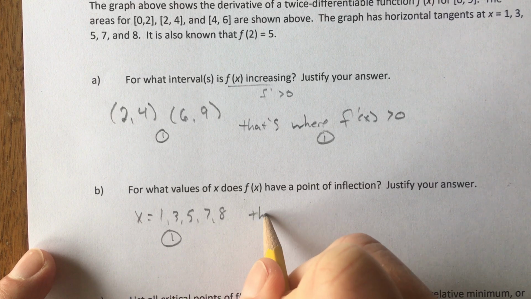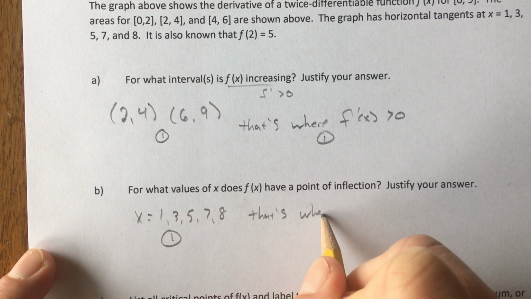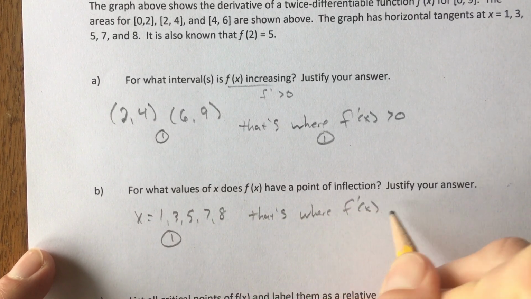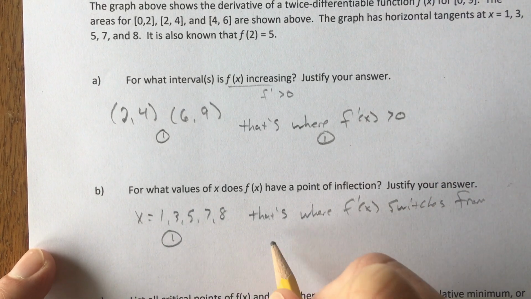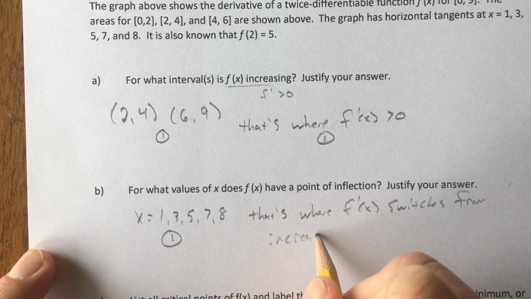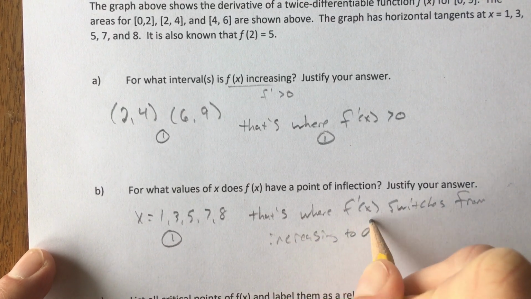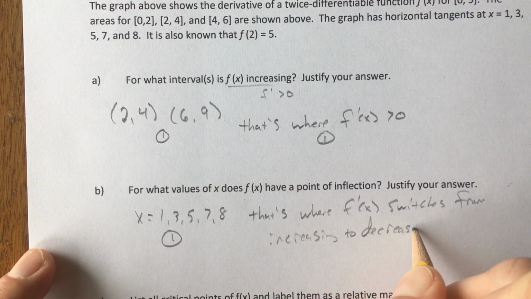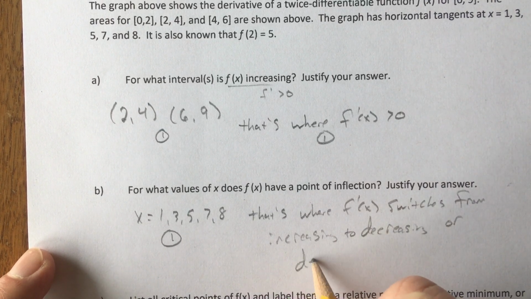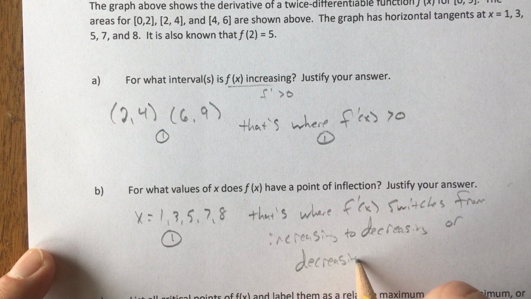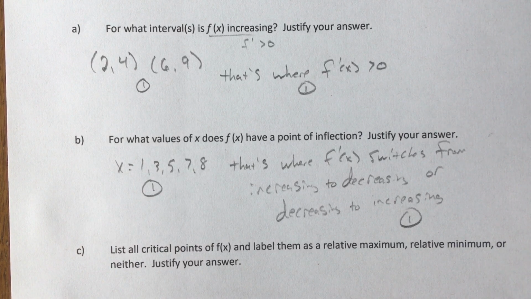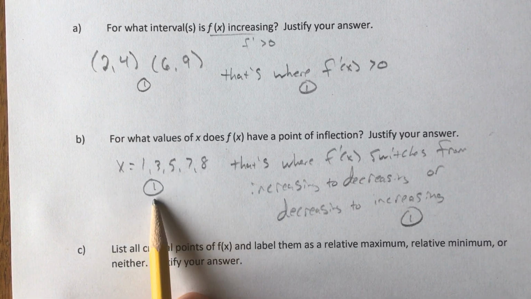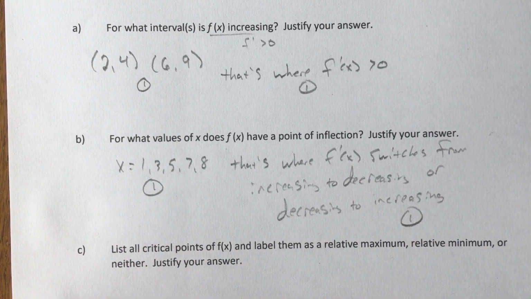And we'd say that's where f prime of x switches from increasing to decreasing or decreasing to increasing. You don't really have to get into detail about when it does one or the other. The fact that it switches makes it a point of inflection. So you get a point for the answers, and I would believe a point for the explanation there.